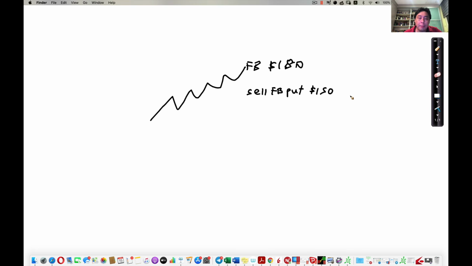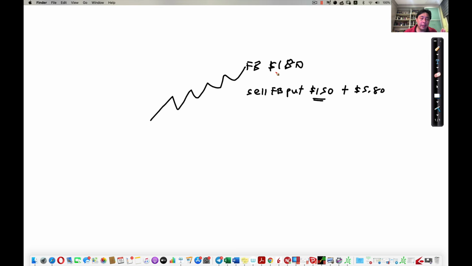And again, when I sell a put, what happens? I collect a premium of $5.80, for example. So once I sell this put, I'm obligated to buy the shares at 150 if the share price goes below 150 by the expiration date.